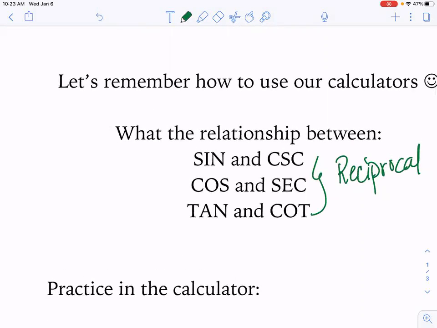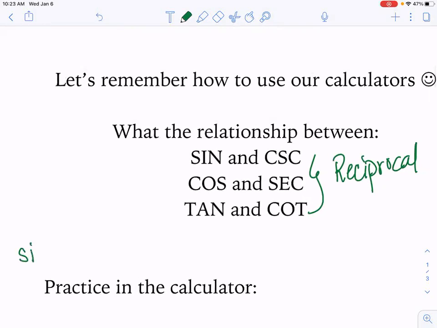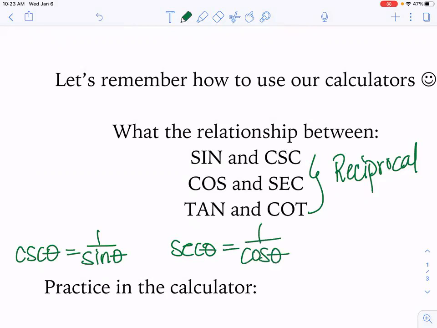Okay, so we know that the cosecant of theta is the same thing as 1 over sine. Secant of theta is the same thing as 1 over cosine. And then the cotangent is the same thing as 1 over tangent.